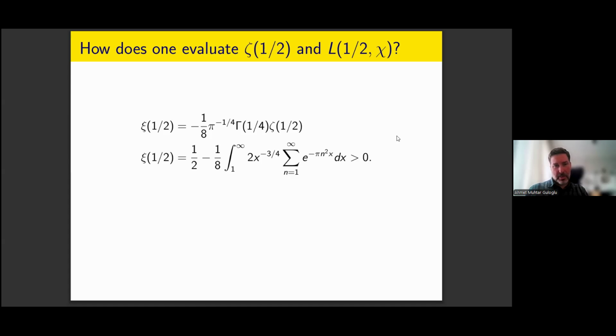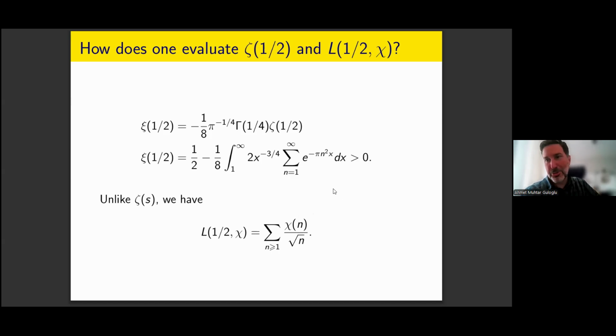Also for this one, you can write 1/2 here, and then you will get this expression. But can you show that this is 0? If you can, please contact me as soon as possible. This is an infinite sum, and I don't know how to show this. I don't know anyone who knows how to show this.